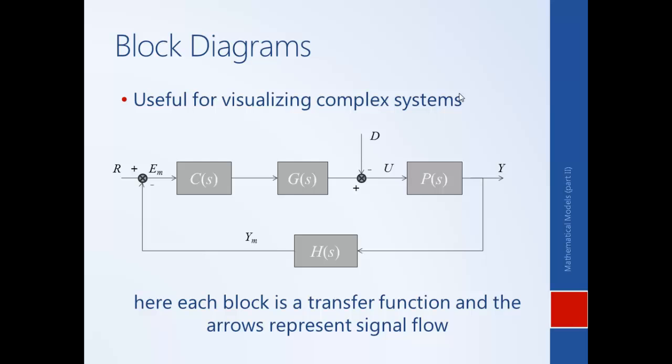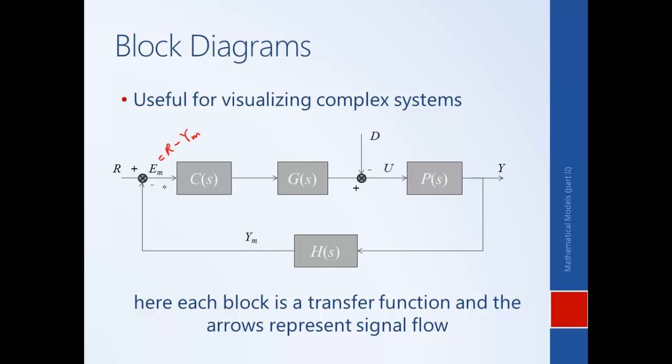A couple of other elements of a block diagram that I'll take a second to explain: one, these summing junctions. For example, in this summing junction, the signal coming in on the positive sign is our reference R, and the signal coming in on the negative sign is our measured output y sub m. And so E sub m is the positive signal minus the signal coming in on the negative sign.